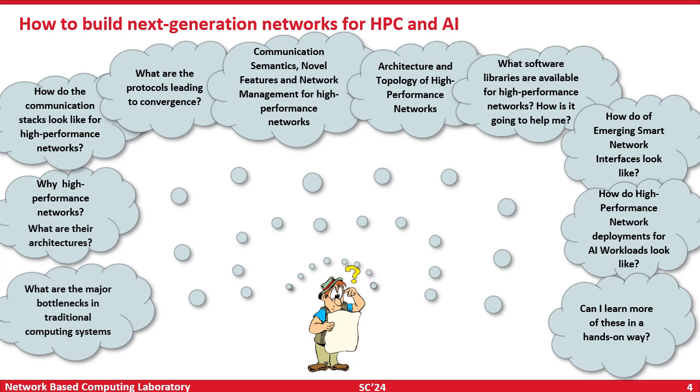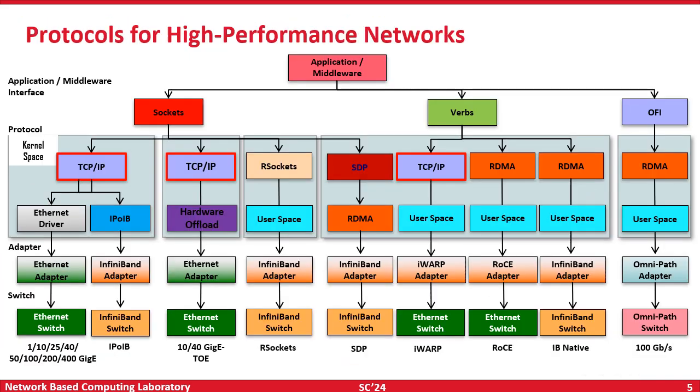So keeping all these objectives in mind, we have an exciting tutorial, and through it you'll get exposed to all these protocols, starting from left to right, from traditional Ethernet to very high performance InfiniBand native, RoCE, iWARP, SDP.